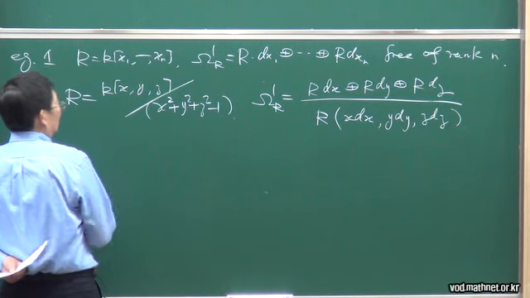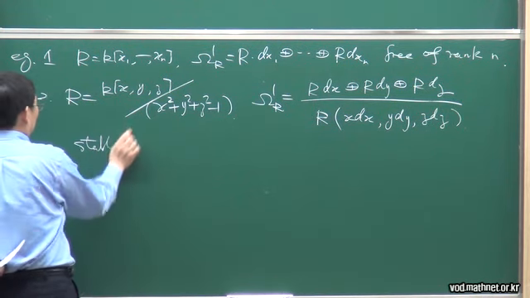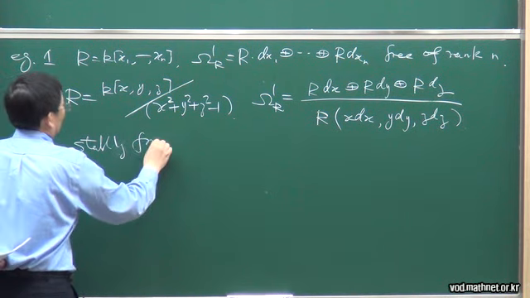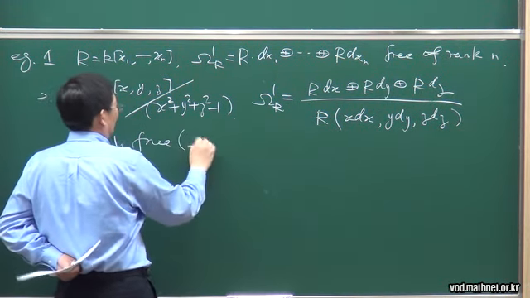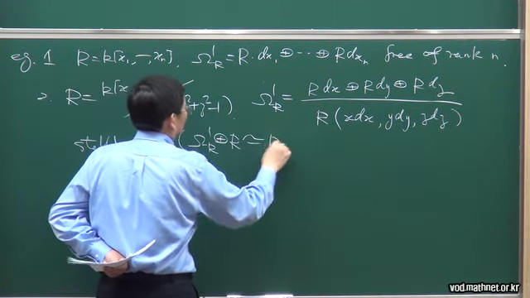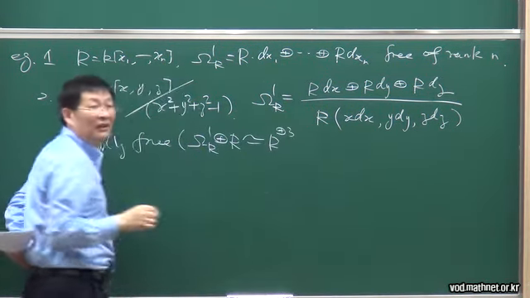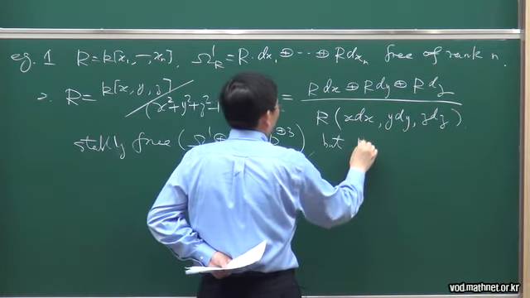And this is so-called stably free, but not free. Stably free means if we add another copy of R here, this equals 3 copies of R, but not free.